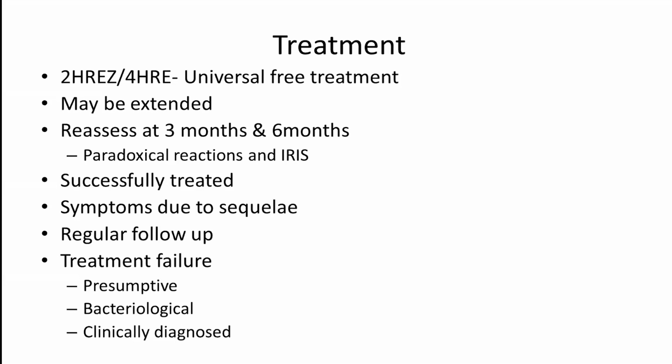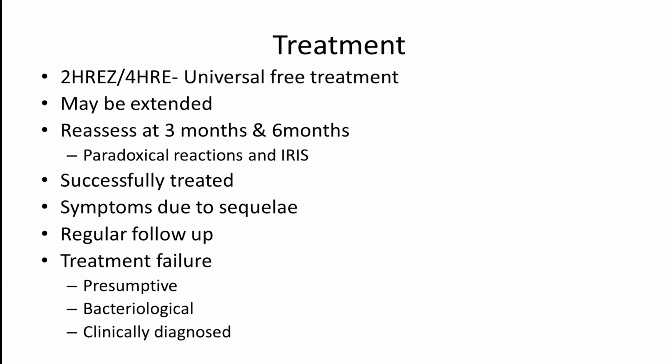Treatment outcome: if the patient has completed 6 months of treatment, then the patient has completed treatment, and if there is symptomatic improvement, you can say it is successfully treated. But even if successfully treated, in some patients there may be persistence of symptoms due to sequelae.